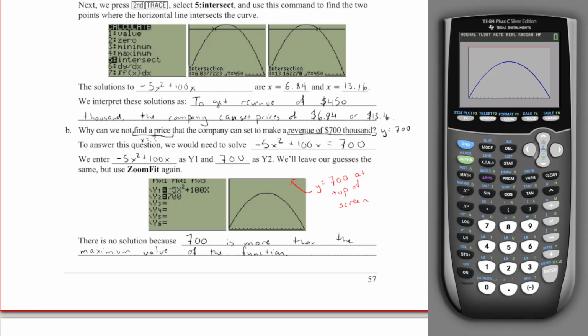So because 700 is more than the maximum value of this function, right, the maximum revenue is less than 700, the revenue never gets up to 700. So I suppose we might want to ask then, what is the maximum revenue? That's certainly a question we would ask if we were this company, right? Where should I price my item to make the most money?